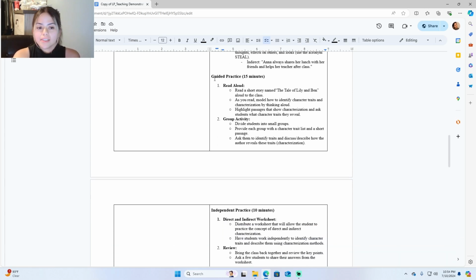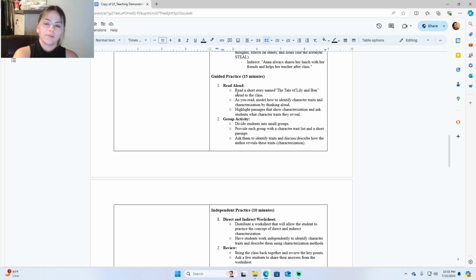The next part is guided practice. This practice will be both independent, and with my help, and also with the help of their peers. The first part will be the read aloud part. We'll read the story together.